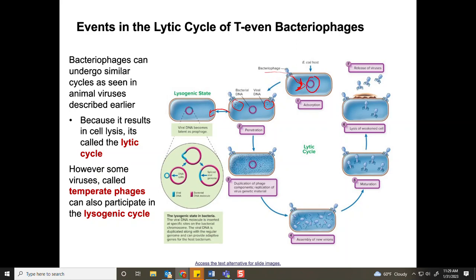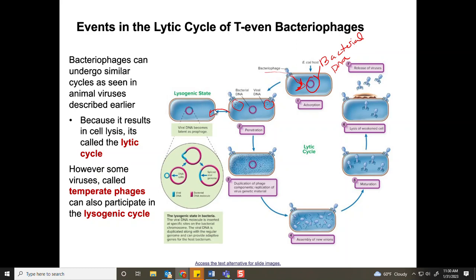This here is the bacterial genome. Remember, if you took me for biology, you know that bacteria have a single circular loop of DNA. And if you were an A&P student, you didn't learn that, now you know. Bacterial DNA. So the bacteriophage is injecting its viral DNA into this bacterial cell.